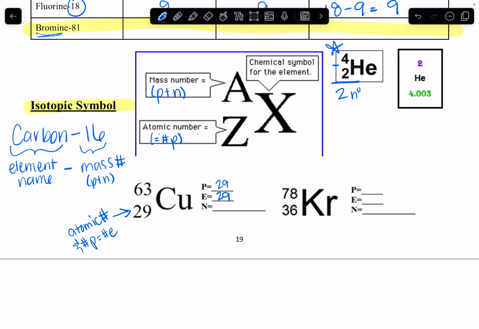And then for neutrons, 63 minus 29 is 34. Okay, I want you to do krypton. And if you need the answer, it's going to be on, again, the PowerPoint on Canvas.